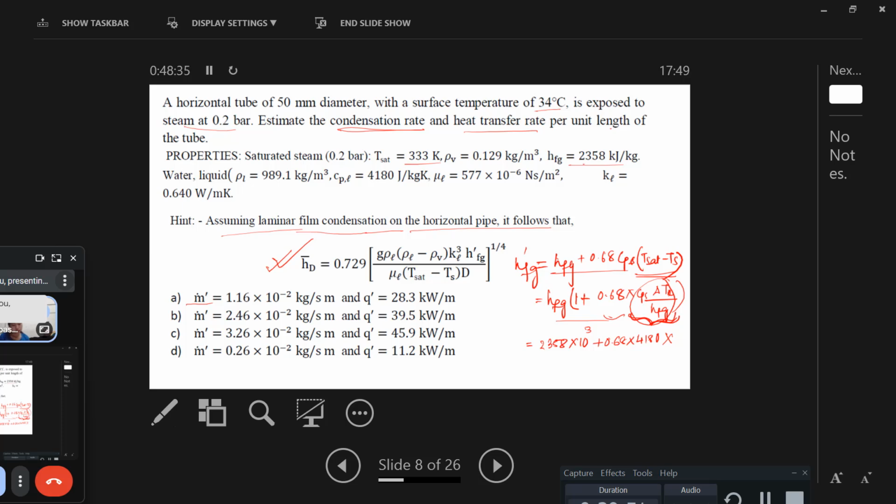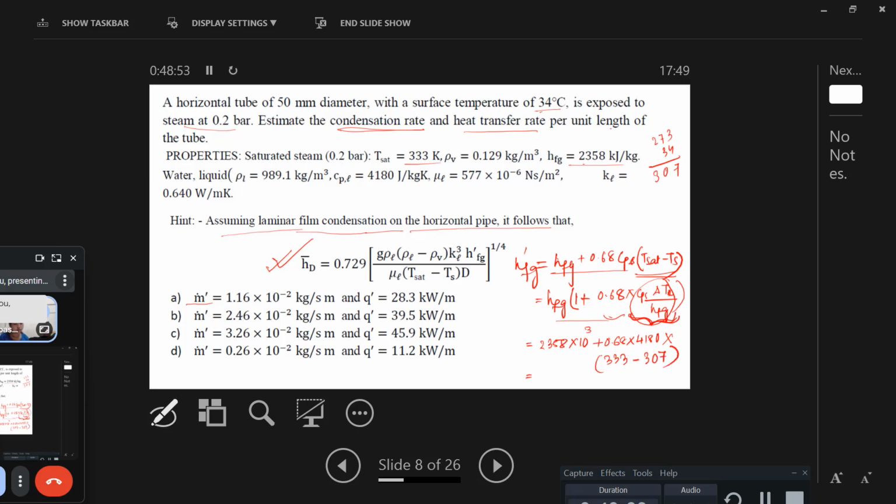So Ts is 34 degrees Celsius. If you convert into Kelvin, 273 plus 34, you get 307. So 333 minus 307.